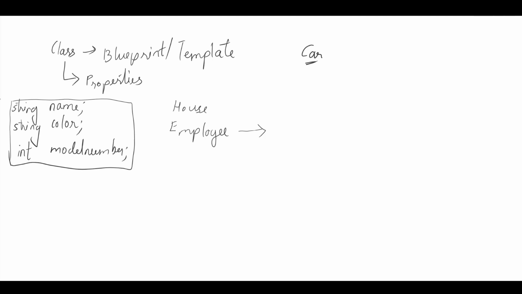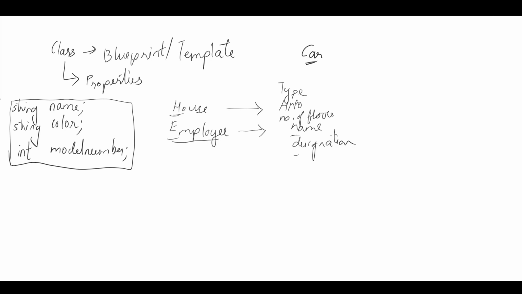For that we will define some properties to identify the different employees, like the name and their designation. Based on these properties we can differentiate the different employees. Similarly, a house can have properties like the house number, number of floors, and type of house. Such entities we define as a class in Java.